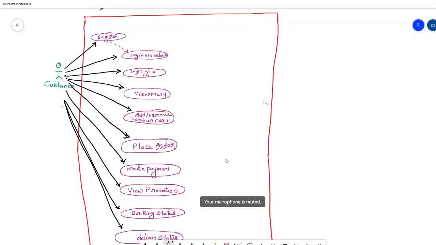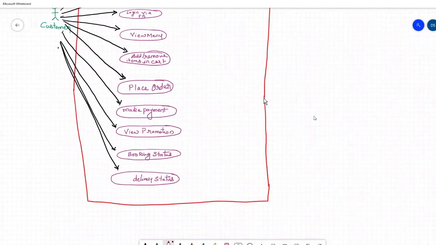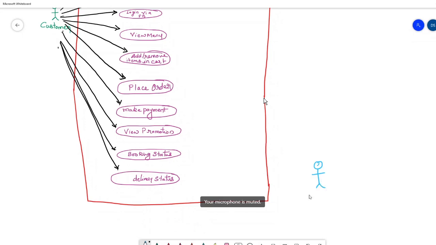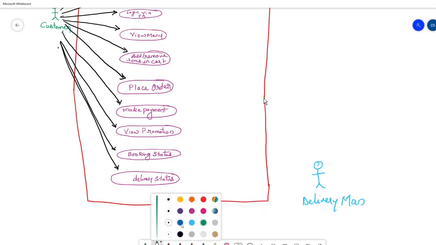Let's see the person with whom I would be interacting. Suppose that would be the delivery person. So the actor which I need in my use case is the delivery man, because he would deliver the product to me. So, like this.